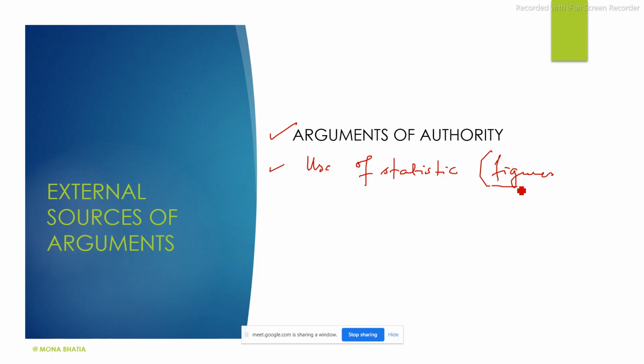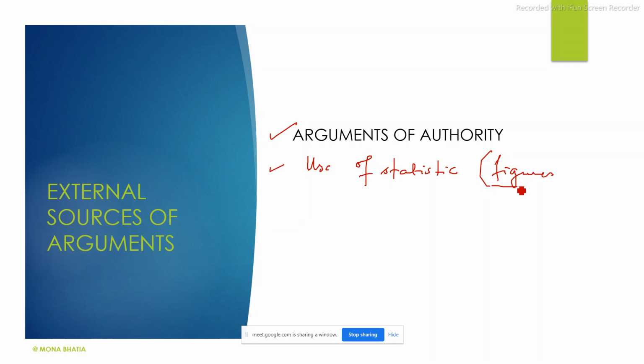Most of the time we assume that statistics and figures do not lie, they are true. But if someone has rigged them, we cannot do anything in that manner. Okay? But there are times when we support our arguments with the help of genuine figures. So these are the reasons.